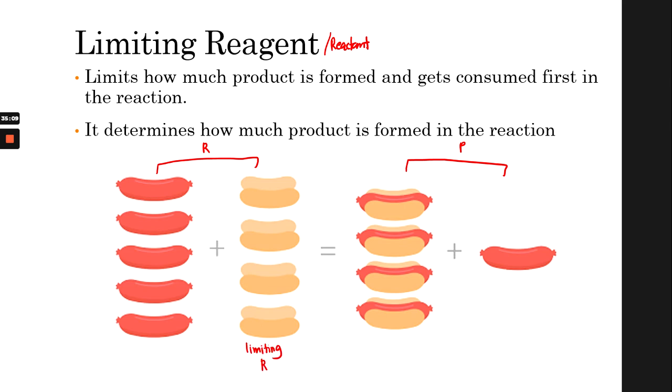So, bakit limiting reagent si bread? Well, again, this determines how much product is formed. So 1 bun gets consumed in every 1 hot dog. So 1 hot dog gets used, 1 bun gets used, you create 1 hot dog sandwich.